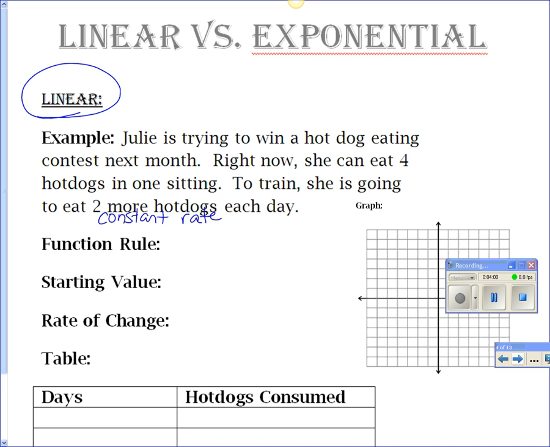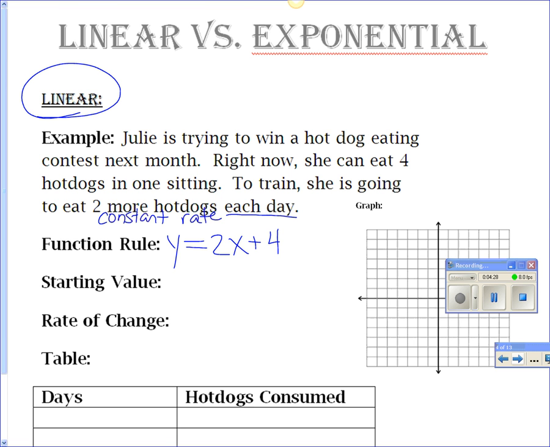All right. For my function rule, that's going to be a y equals. What's one thing that needs to go in the function rule? 2. Okay, she's eating 2 more hot dogs each day. So how do I write that? 2x. Okay. What else needs to go in the function rule? Yep. So I put what? Plus 4.